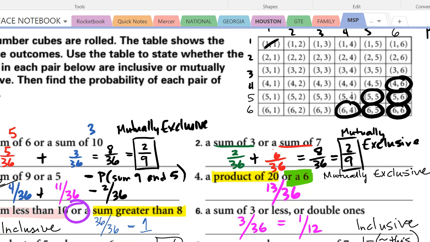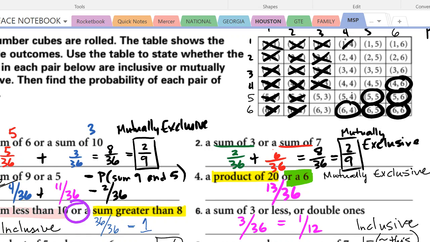And so let's see, all of these are less than 15. 6, 8, 10, 12, that's less than 15. 3, 6, 9, 12, that's equal to 15, so I can't count it. All right, that's 4, 8, 12, that's 16. 5, 10, that is equal to 15, and then 1 and 6, and 2 times 6 is 12.